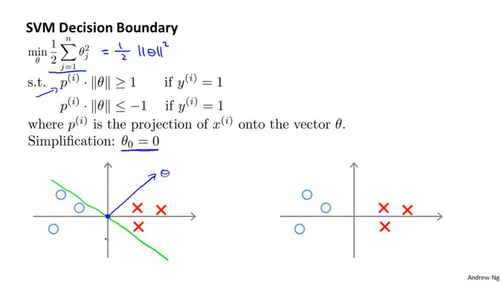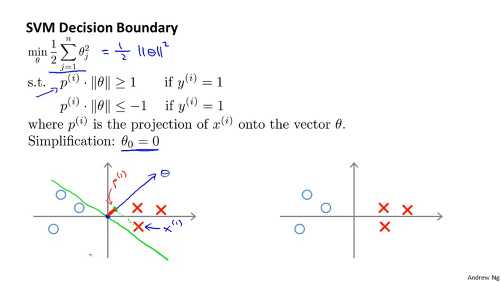So now let's look at what this implies for the optimization objective. Let's say that this example here is my first example, x1. If we look at the projection of this example onto my parameters theta, that's the projection. And that little red line segment is equal to P1. And that's going to be pretty small, right?